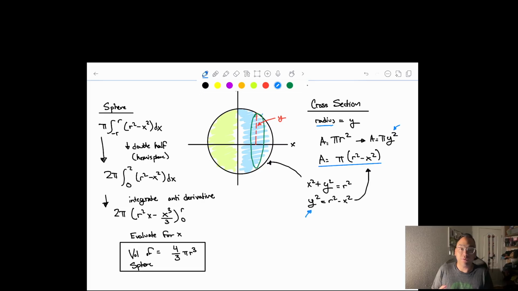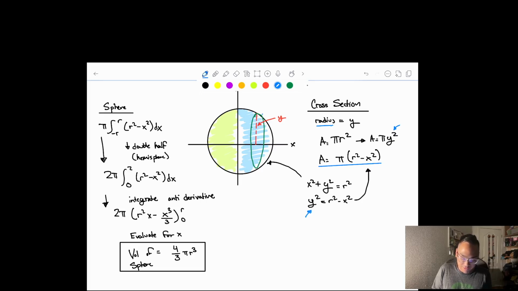What if we want to do three-dimensional? So what if we do a three-dimensional shape? You can kind of picture a sphere, because a sphere is the three-dimensional version of a circle. The equation for it is going to be pi, integral from negative r to positive r, of r squared minus x squared dx.